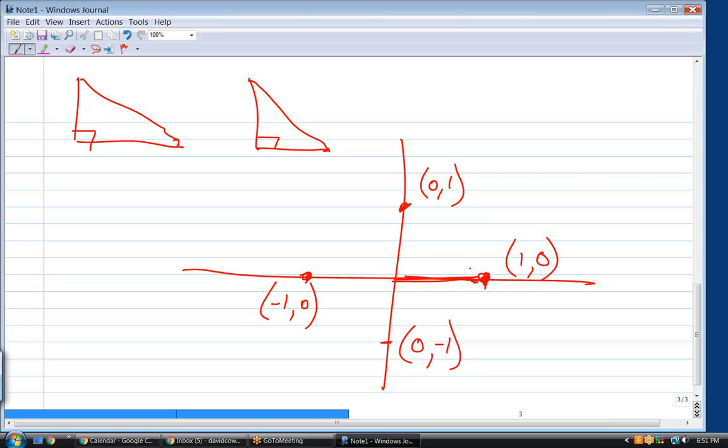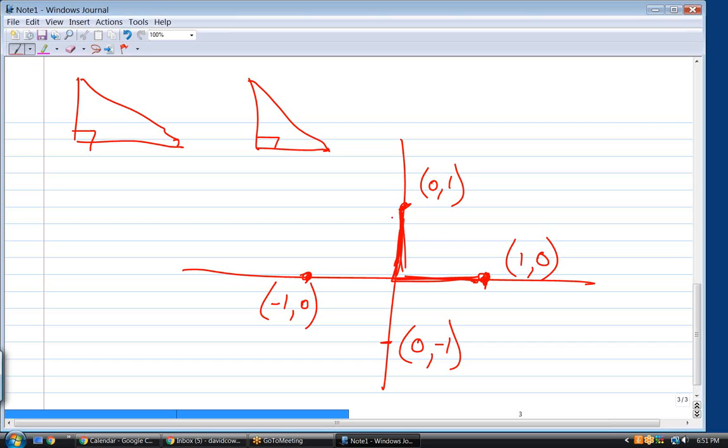What did we say about the x coordinate? It's equal to what? Cosine or sine? Cosine. So the cosine of 0 degrees is this. The sine of 0 degrees is that. Okay, and let's go around the horn. This point here corresponds to a 90-degree angle.